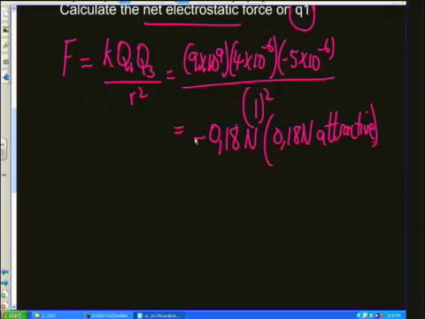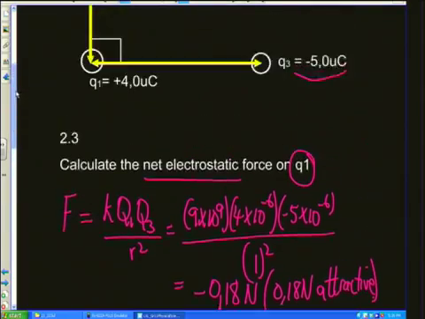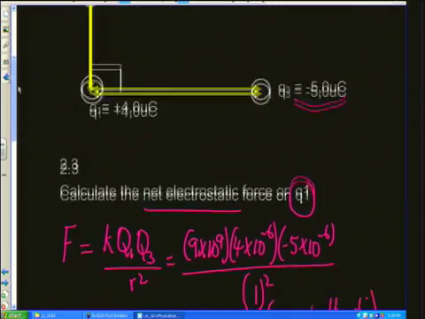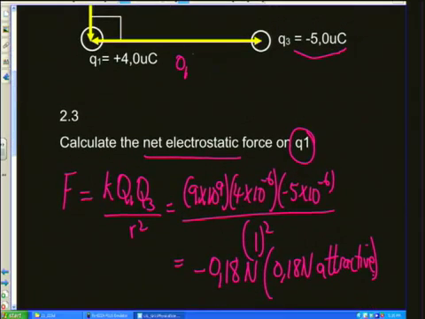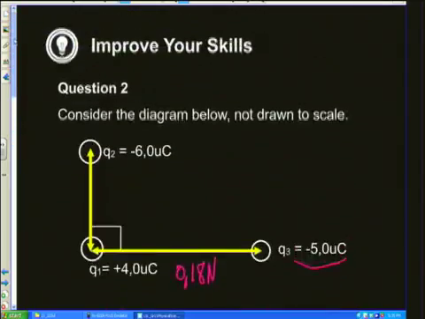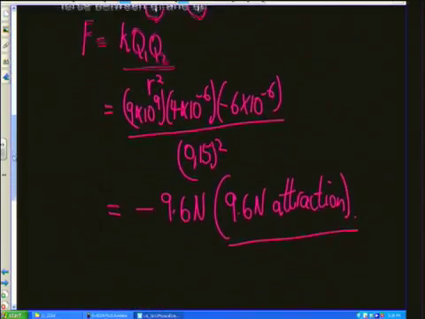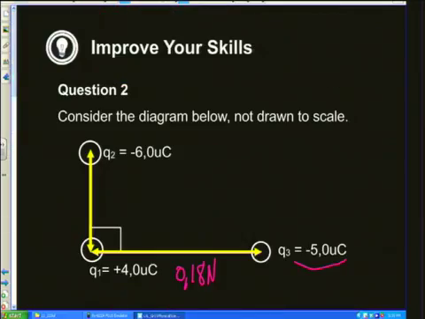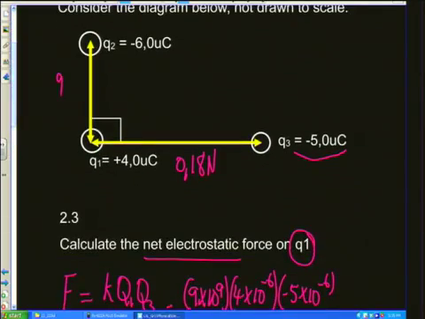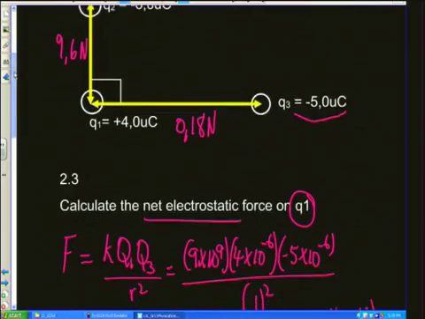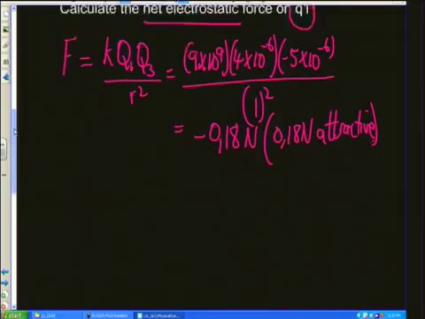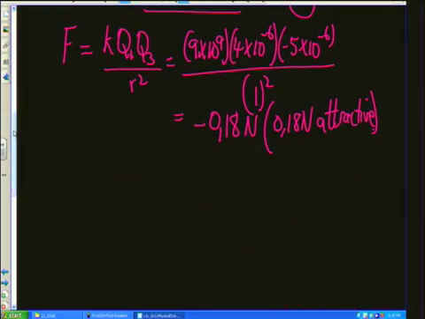Okay, now if you come back here, because they need the net force here, this is 0.18 newtons, and the other one is what we found out up there, which is 9.6, all right? So you can say that this is 9.6 newtons. Resultant here, or the net force here, you need to say, okay, they are at right angles to each other, so you can use this.